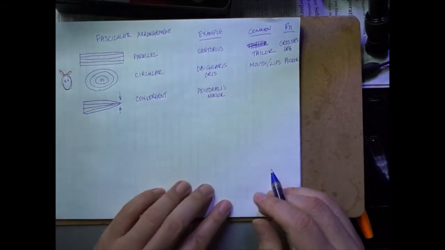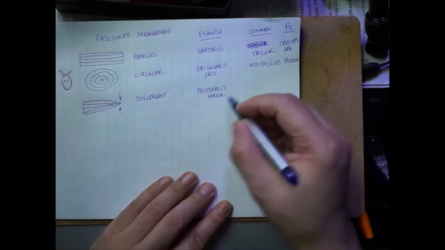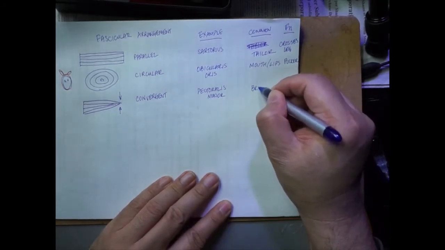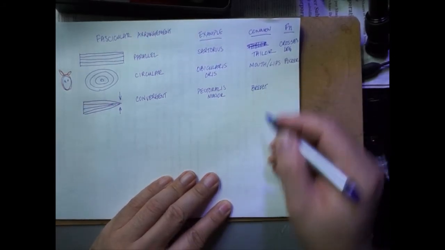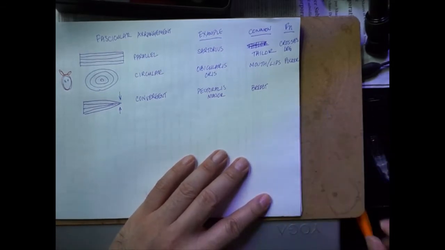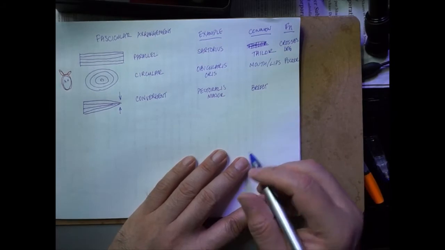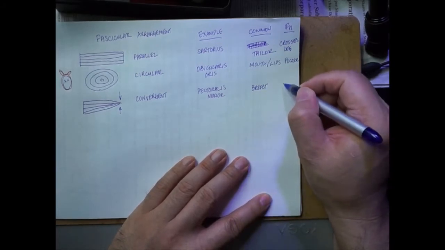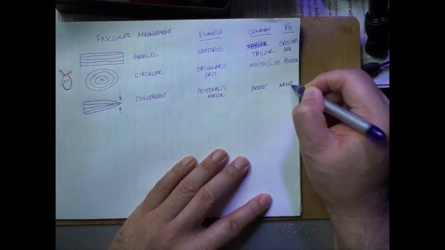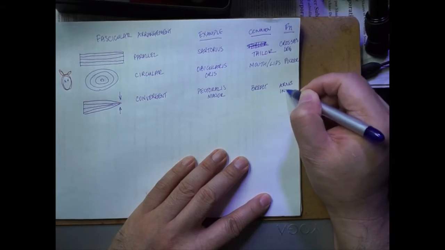A good example of this one is the pectoralis major, which is your breast or chest muscle, the one that most people who work out always like to work out. What does it do? It brings your arms inwards.